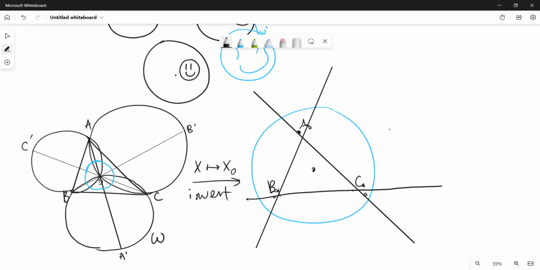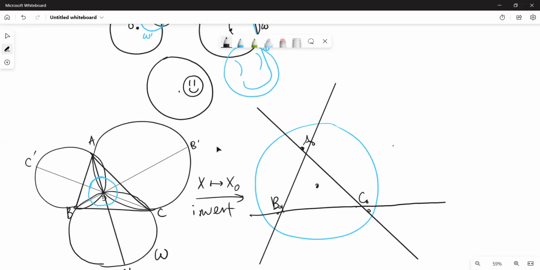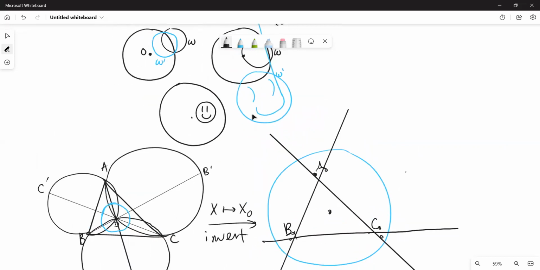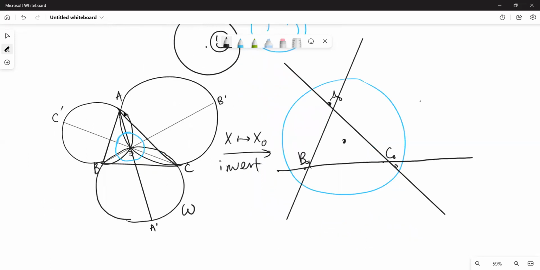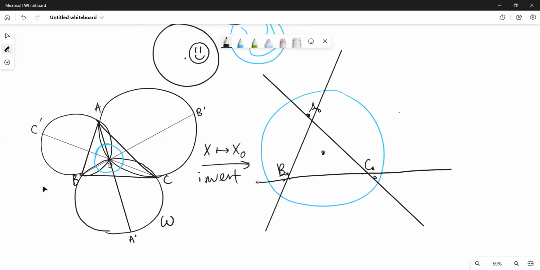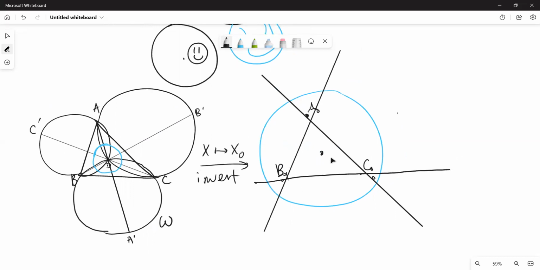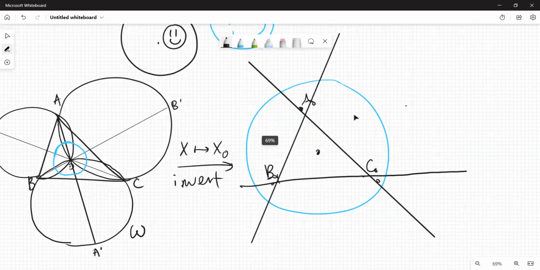Okay, that's good and everything, but we're talking about lengths here. Oh, I deleted the problem statement. But we want to look at AD over AA prime. So first of all, what's the center of this blue circle after the inverted image? Is it D naught or is it something else? This is just a very minor detail.